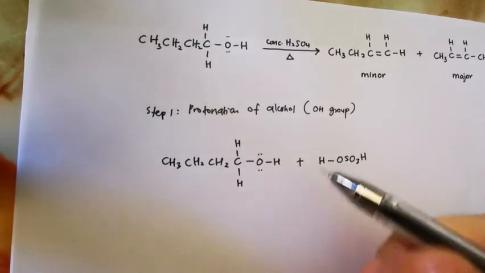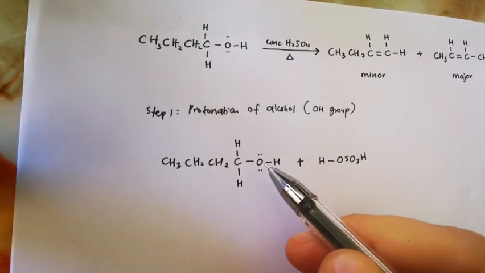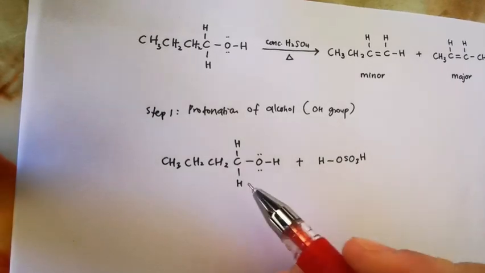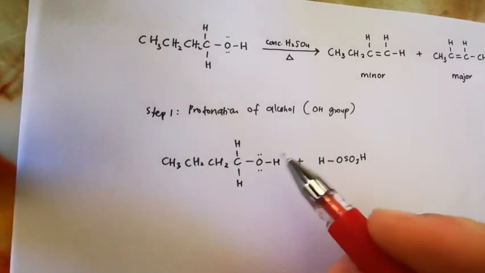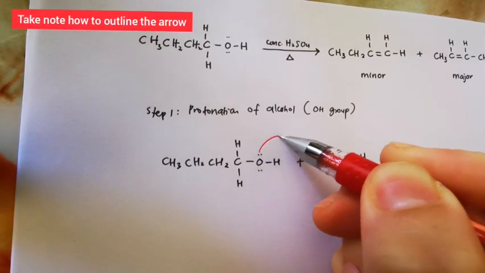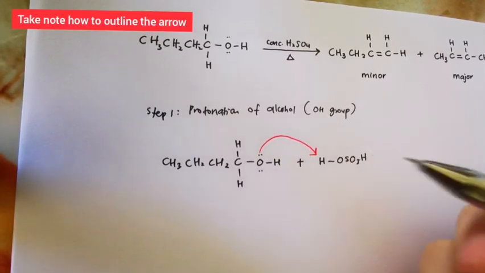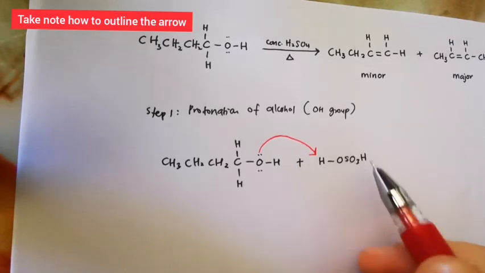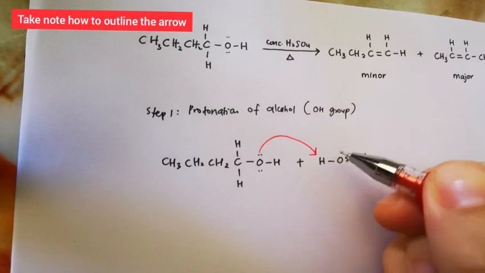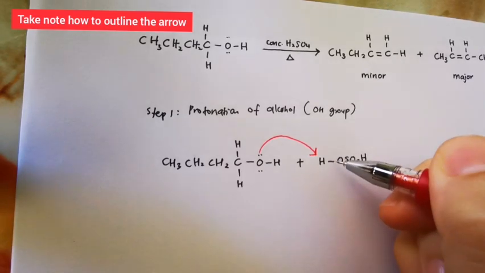Okay, so look at the OH group. It has a lone pair. So the OH from the alcohol will attack the hydrogen from the acid catalyst. So when it attacks this hydrogen, this OH bond will break.